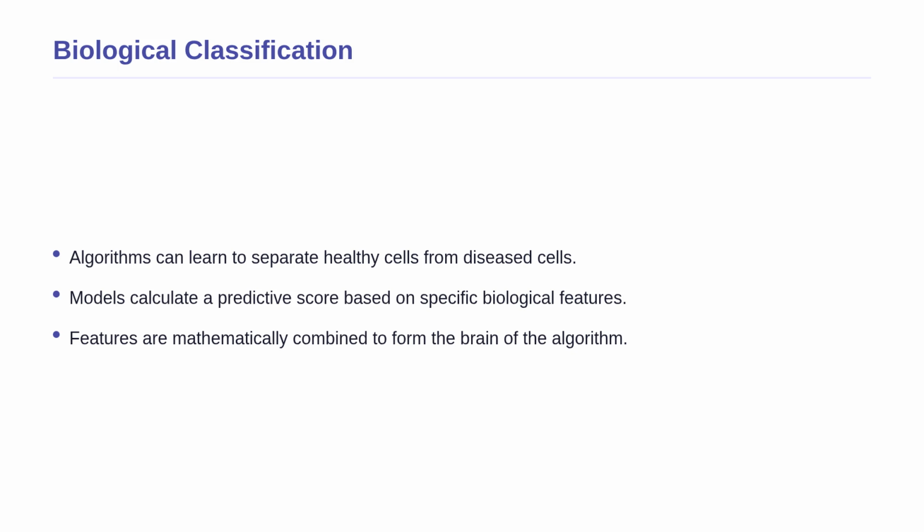By mathematically combining these features, the model creates a baseline for prediction. This simple mathematical combination forms the brain of the predictive algorithm, allowing it to classify new, unseen biological samples with remarkable accuracy.